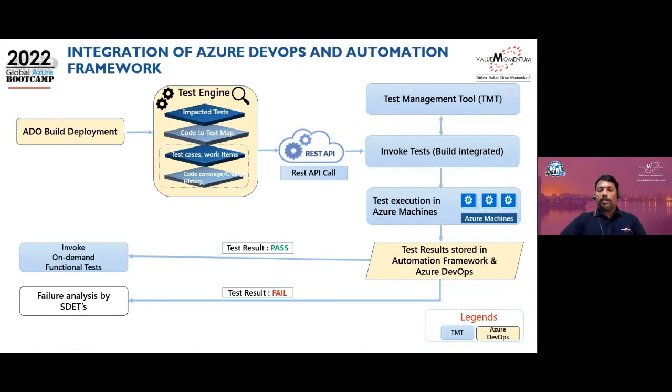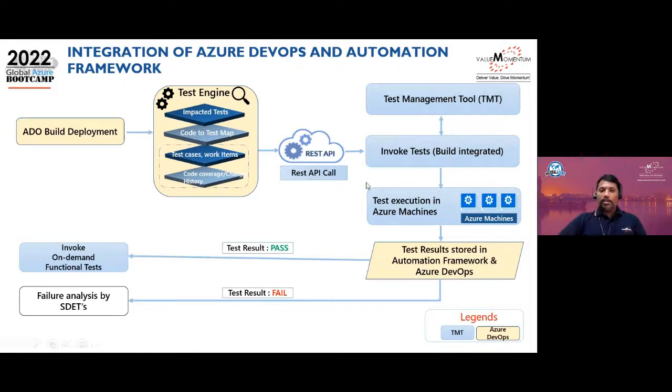We learned, right? Azure notification is a separate thing. Using that, we have emails triggered once the test cases are failed or passed. If it is passed, okay, we are good. If it is failing, then SDETs will perform the failure analysis, and based on the failure analysis, we can share the reports to the stakeholders.